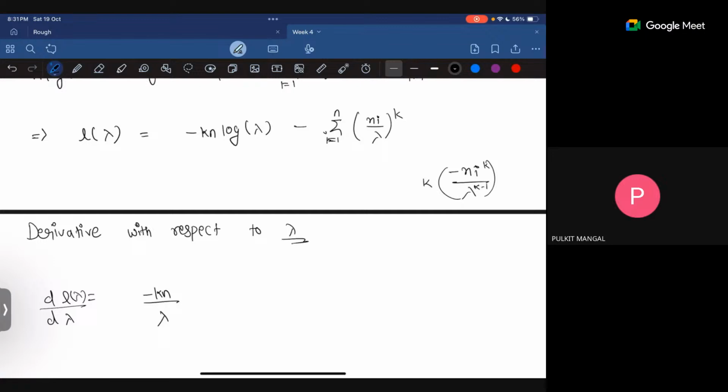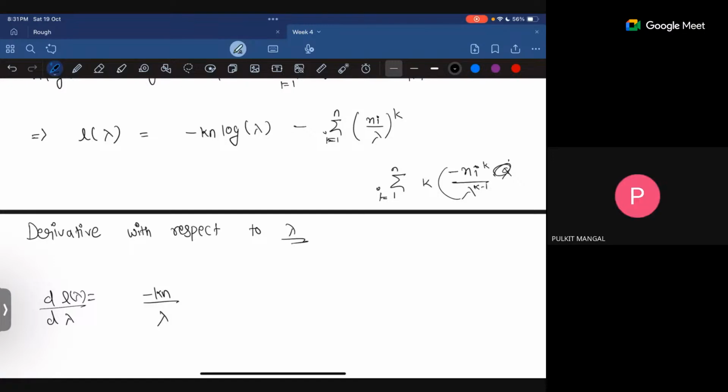Summation of i equal to 1 to n, we can write xi to the power k into lambda to the power minus k.